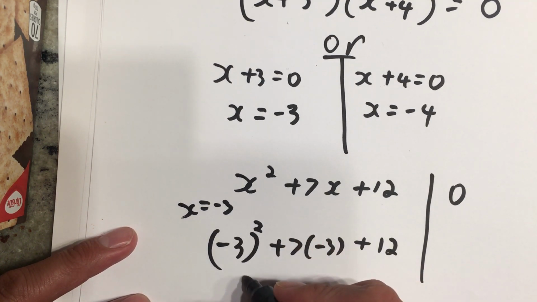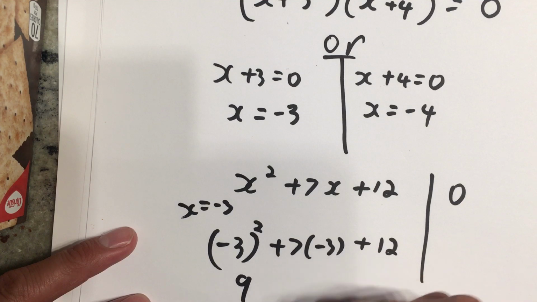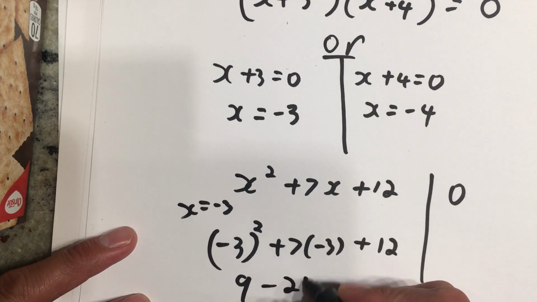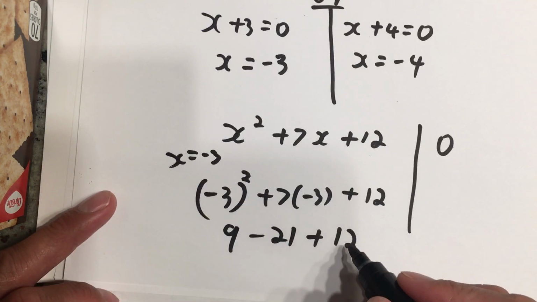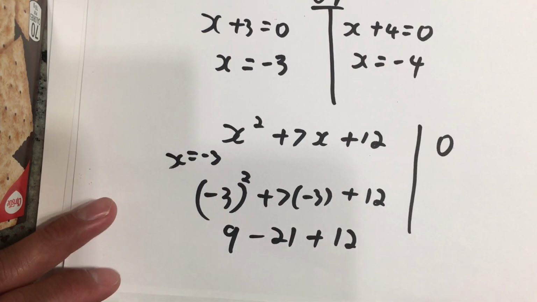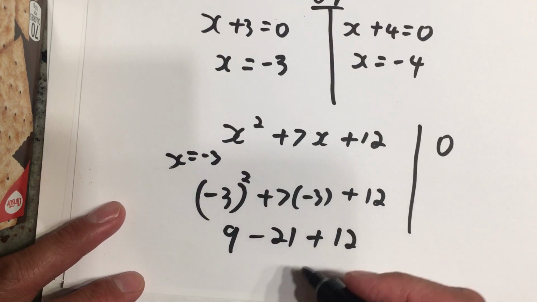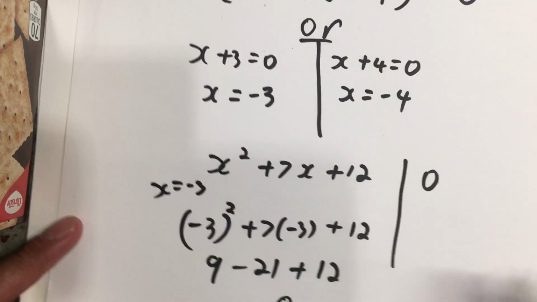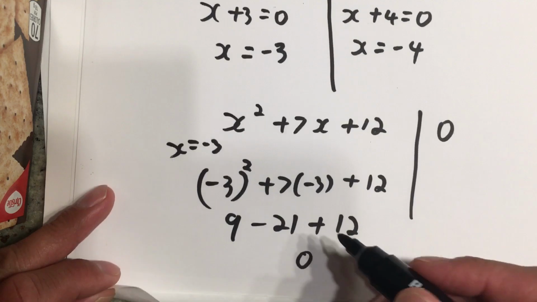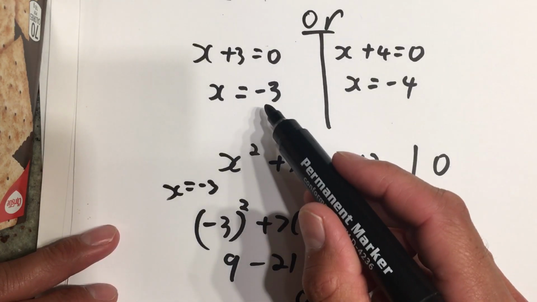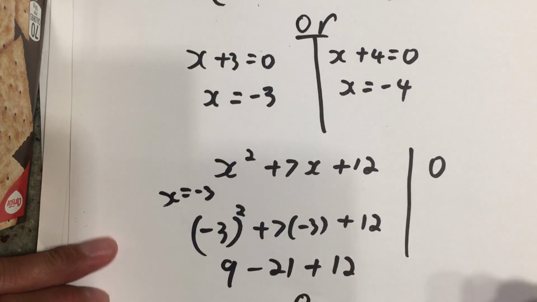Negative 3 squared is 9. I've got 9. 7 times negative 3 is negative 21. And I've got plus 12. 12 plus 9 is 21. Minus 21 is 0. Since negative 3 makes this whole thing 0, negative 3 is one of my valid answers. You can test negative 4 for yourself.